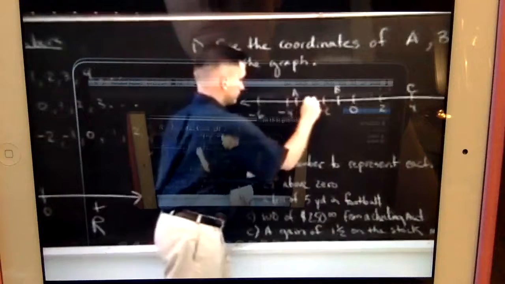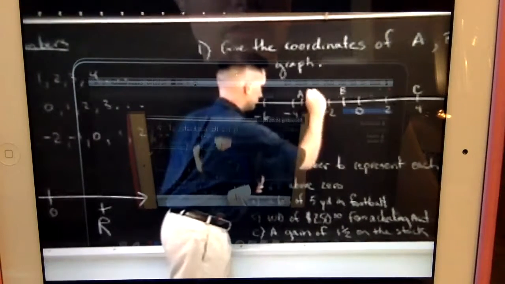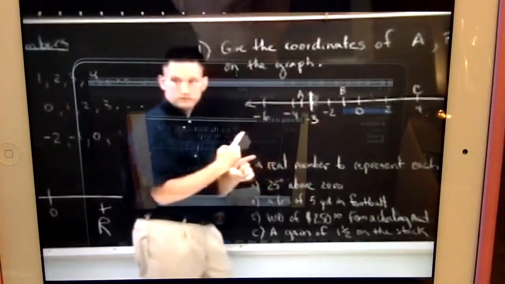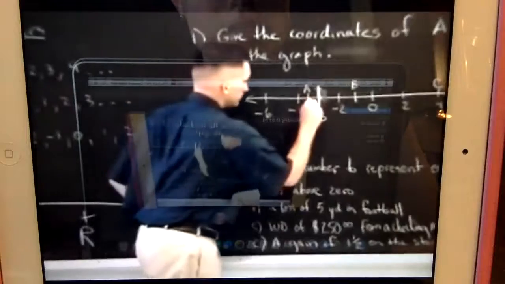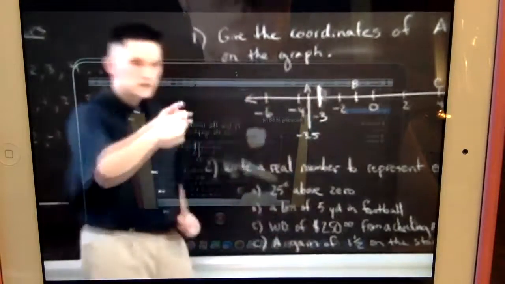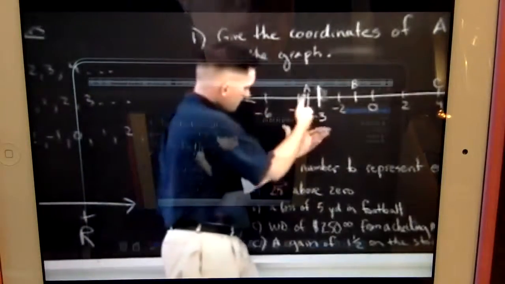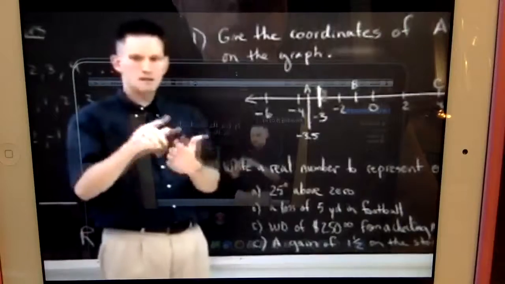You've got a 4 and a 2. What falls right in between a 4 and a 2? Would be a negative 3, right? Now, you were saying negative 3.5. Good. So you guys were both right. It's right in between negative 4 and negative 3. Right.